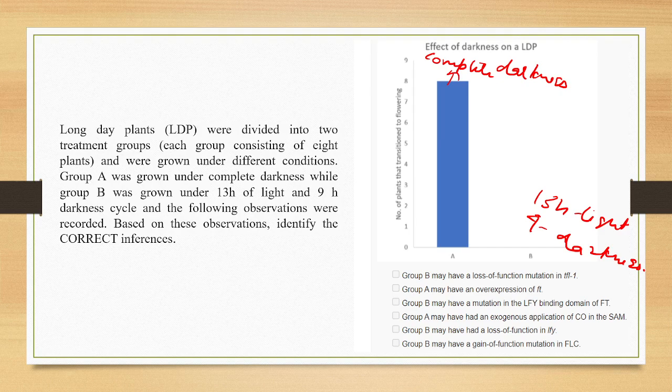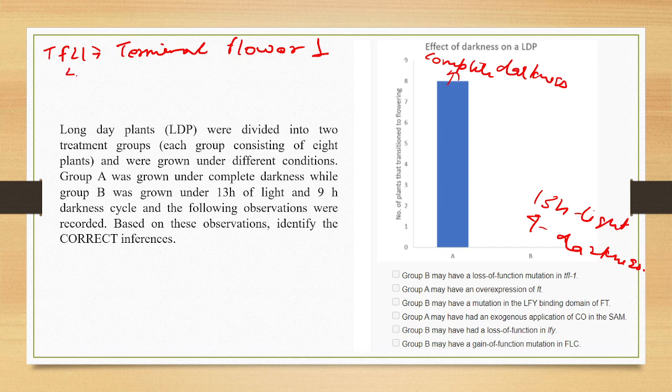Why? Because the gene TFL1, which stands for terminal flower 1, functions to delay flowering and maintain the vegetative growth.